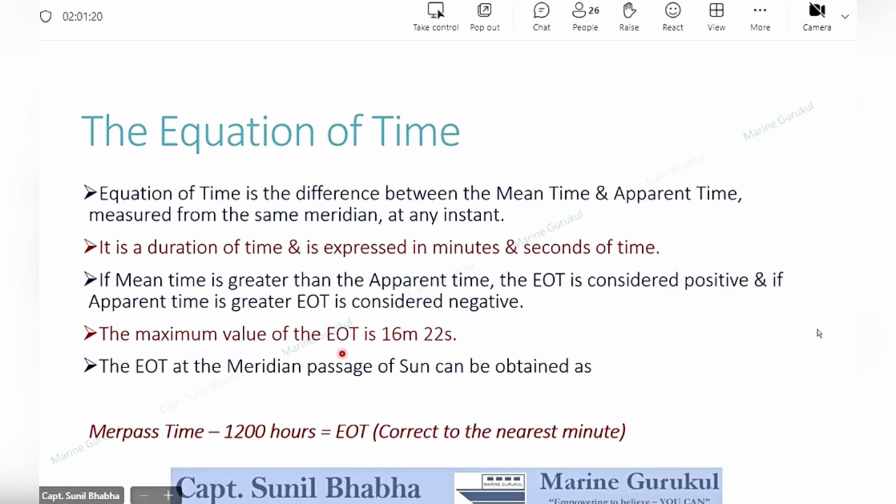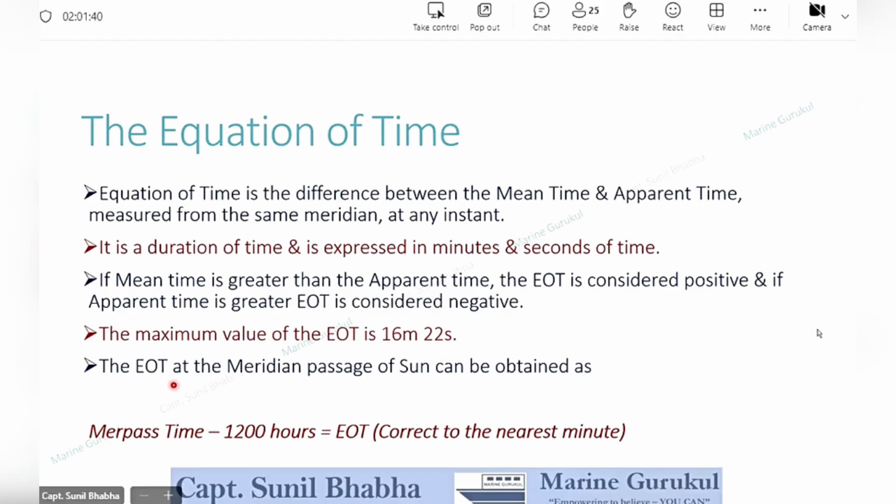The maximum possible value of the equation of time throughout the year, year after year, is 16 minutes and 22 seconds. That is the maximum difference which can happen between the two suns.